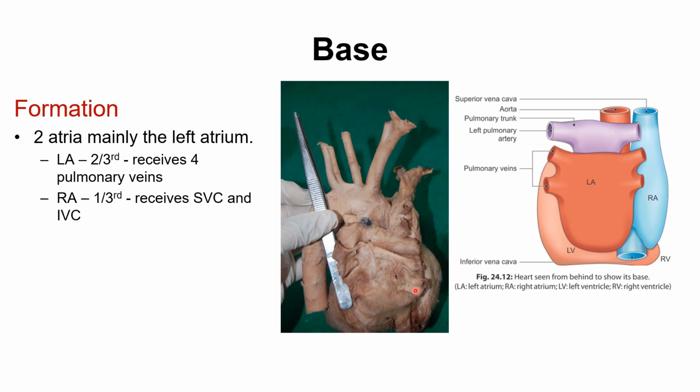The right atrium contributes only 1/3 of it, and it receives the superior vena cava and inferior vena cava. This is the superior vena cava and this is the inferior vena cava. So the base is contributed by left atrium 2/3 and right atrium 1/3.